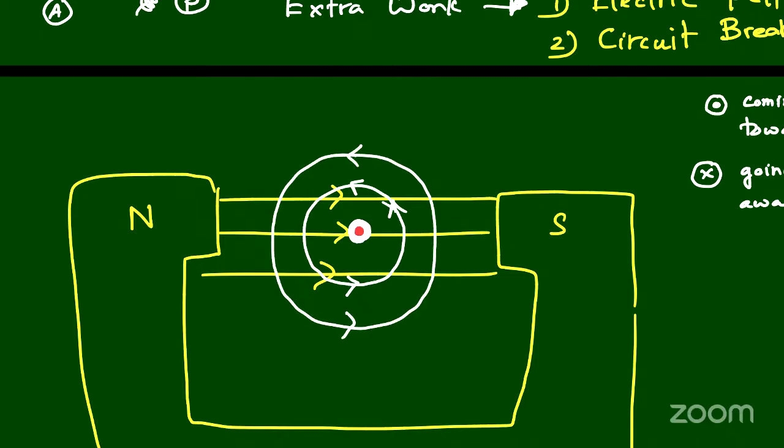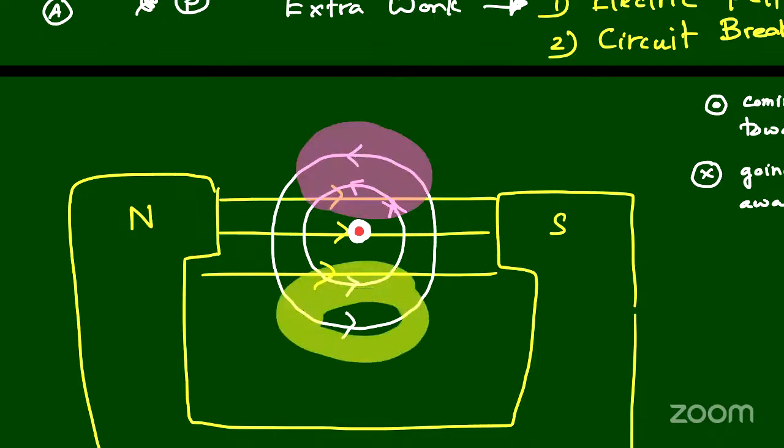I want you to consider this section and this section here. At the lower part, you can see that both lines have the same direction of arrows, which means in this section you will experience higher magnetism, a higher magnetic force.